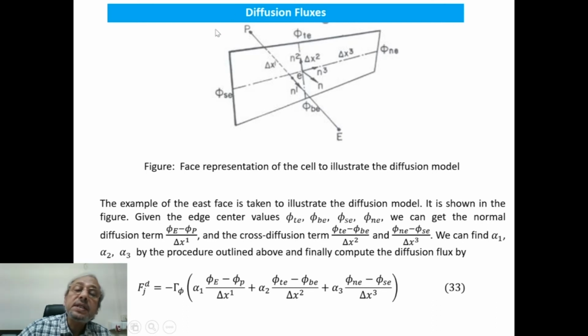In this calculation, the cell of interest, that means P, the eastern cell E, this is the interface. So the eastern cell, the cell of interest P, and the cell which is at the top of the P cell, and the cell which is at the top of the E cell. So these four cells will be involved in basically defining phi TE.